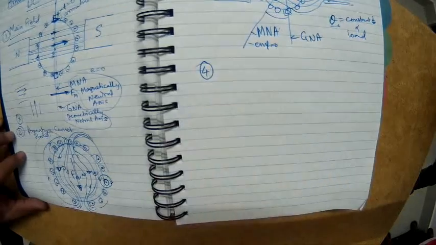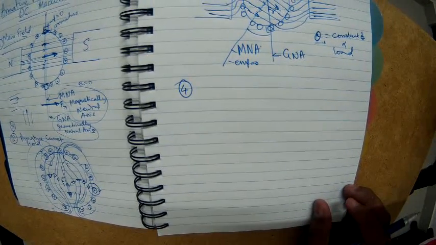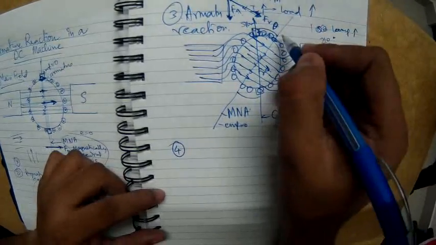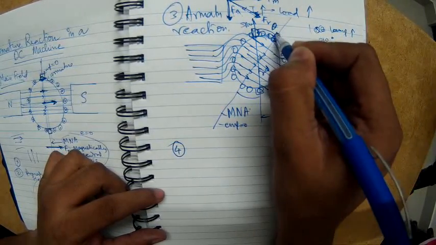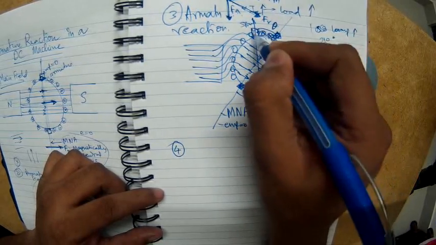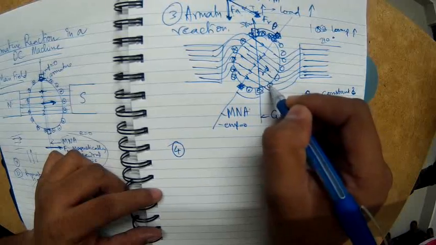I'll draw one more diagram, and this one is about the currents. Assume that there is a brush here. The currents in this part will still be cross, and the currents on the right side will be dot.